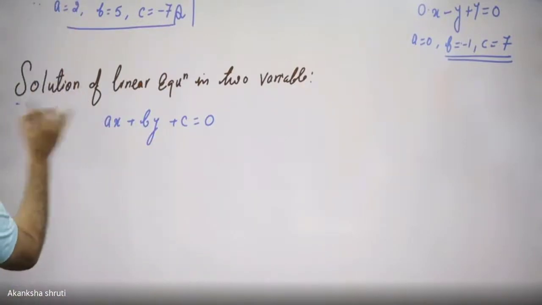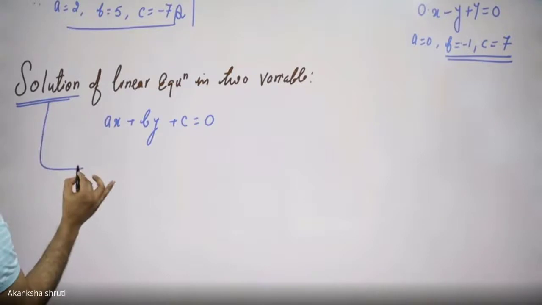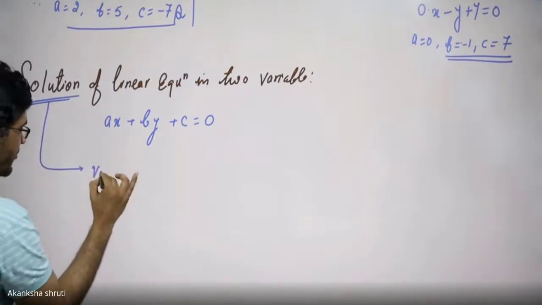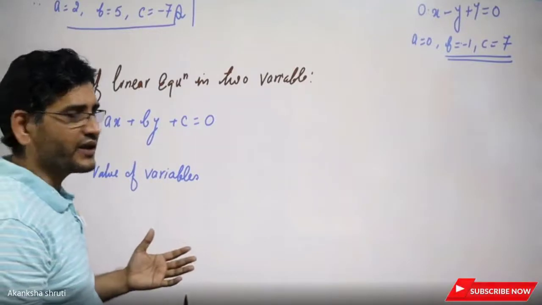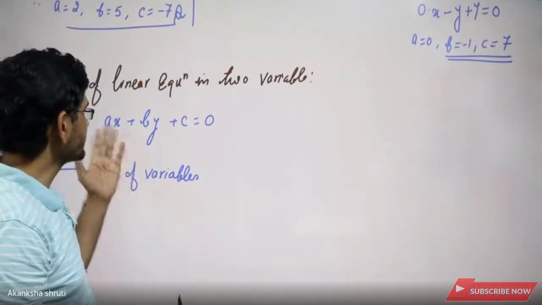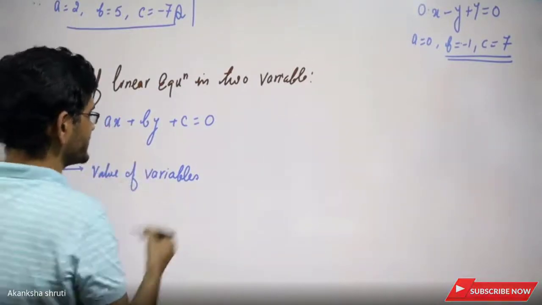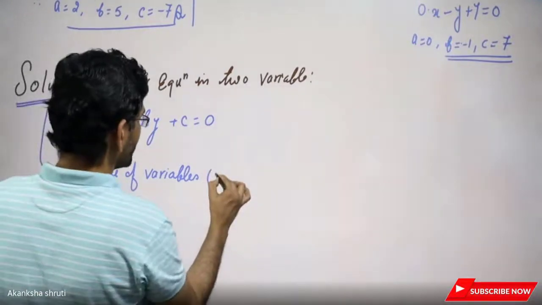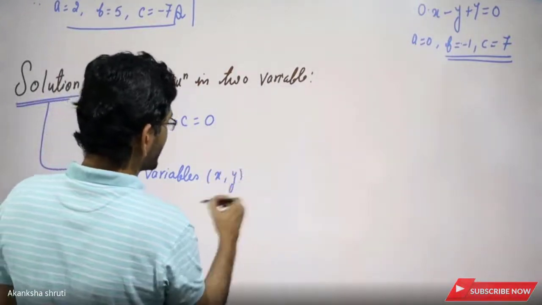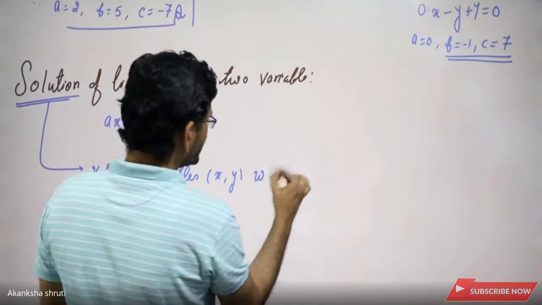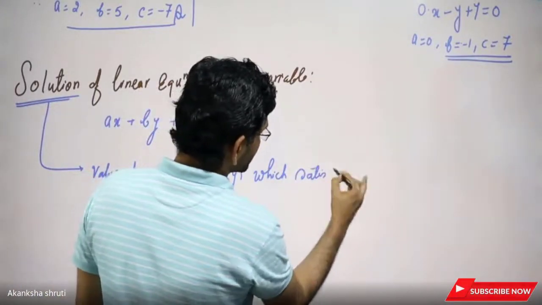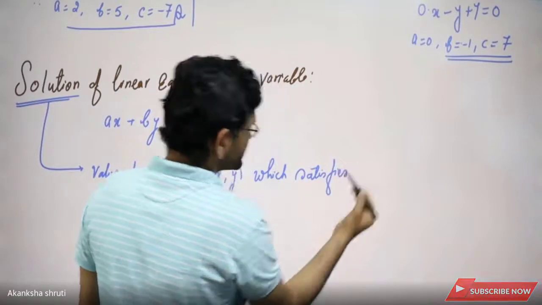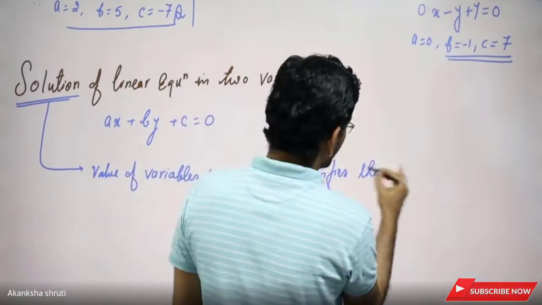So solution simply means it is the value of variables. If it is only one, then it will be the variable, or more than one variable like here x and y, then it is variables, means it is our x, y, which satisfies the equation.